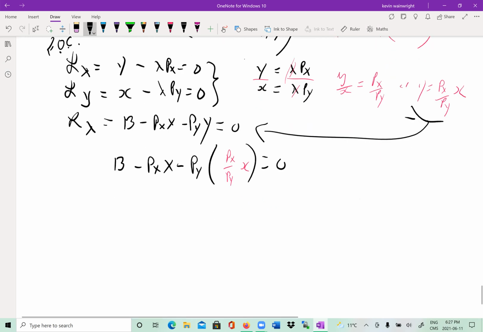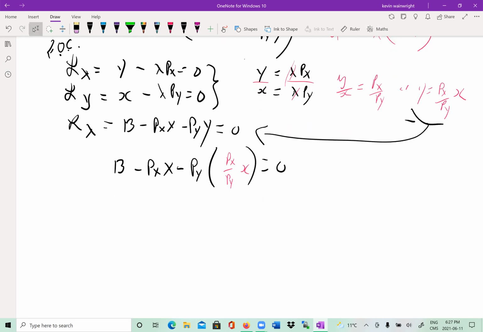So now I simplify, and the py's cancel, and I'm left with b minus pxx minus pxx equals 0. 2pxx equals the budget.